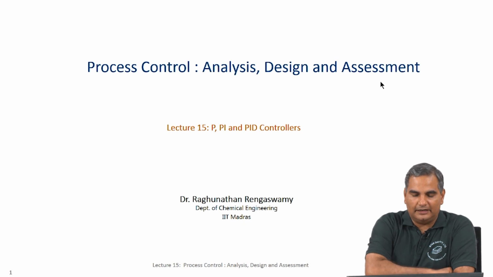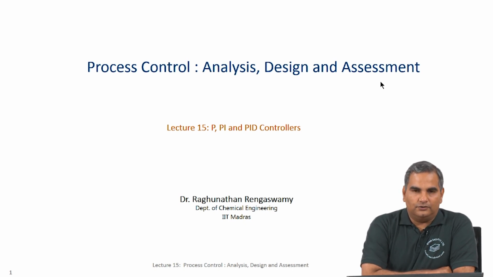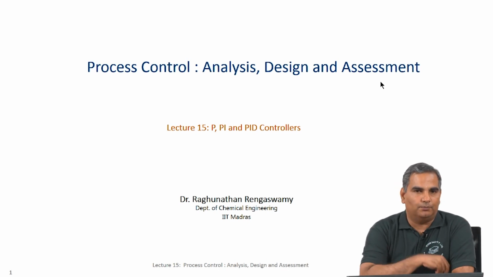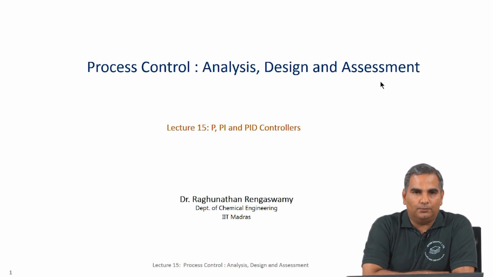So, this is what we had seen in the last class, and then we also described what are ideal transfer functions from the viewpoint of servo control and the viewpoint of disturbance rejection control. We showed that if the transfer function for the set point effect on y is very close to 1, then the output will follow the set point very closely, and if the transfer function which models the effect of the disturbance on the output is close to 0, then the output will be largely immune to the effect of disturbances.